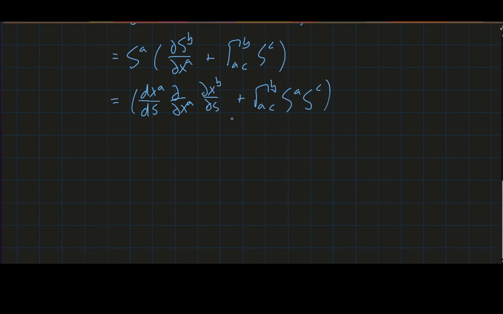So now I'm going to do kind of a dirty physicist trick here. This is not ideal for mathematicians, but I'm just going to say that these dx^a's cancel out, and we get d by ds of dx^b by ds plus Gamma^B_AC S^A S^C.